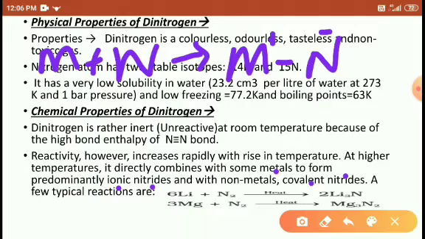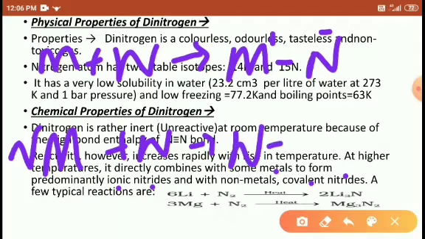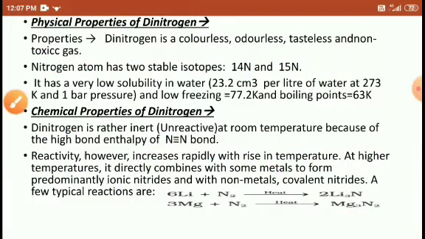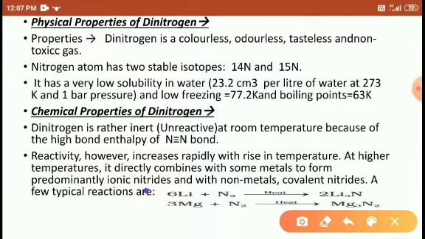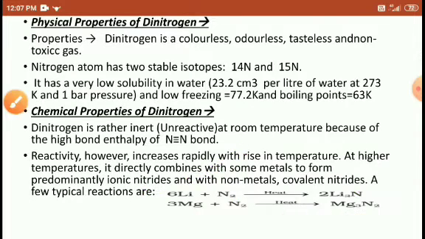When non-metals react with nitrogen, they form covalent bonds. Right, students? Look at the examples here: lithium reacts with nitrogen to form lithium nitride. Magnesium reacts with nitrogen to form magnesium nitride.